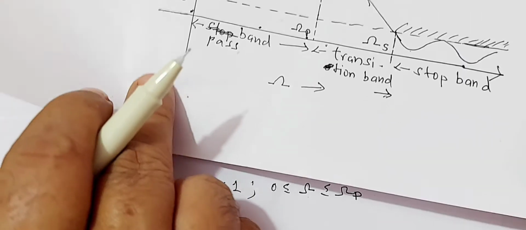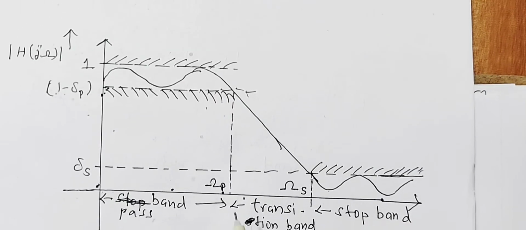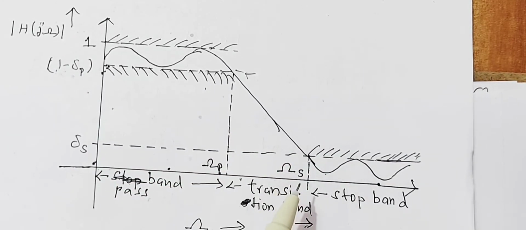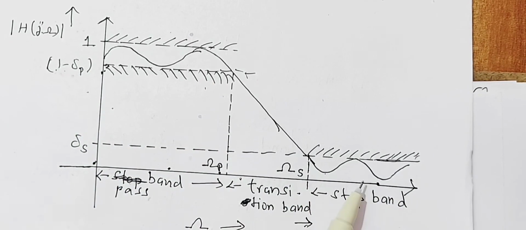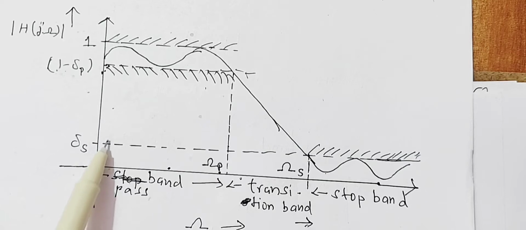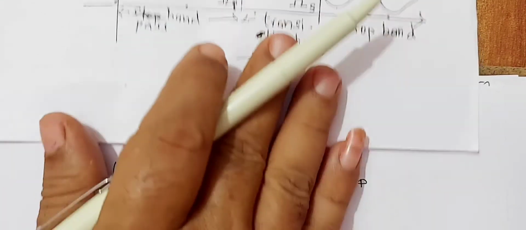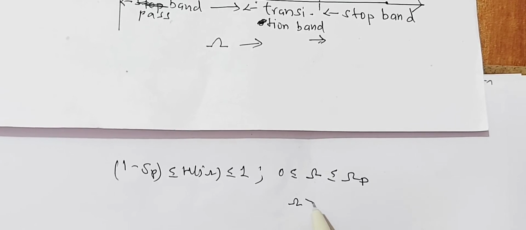This is one specification. And you see, there is no specification in this transition band. We leave this transition band. You will consider only pass band and stop band. In this stop band, what is the value? This is 0. From 0 to delta S, there is a small value. It is stopped. Therefore, when the frequency omega is greater than or equal to omega S, is there any output voltage?